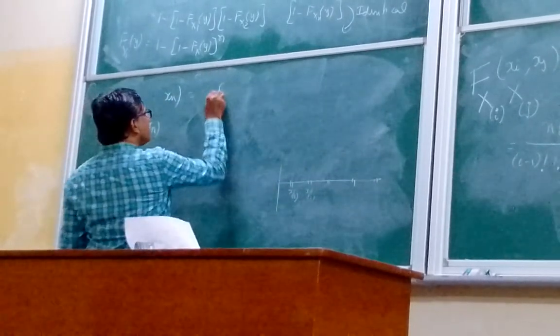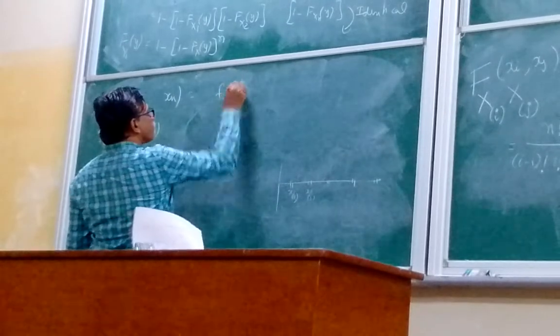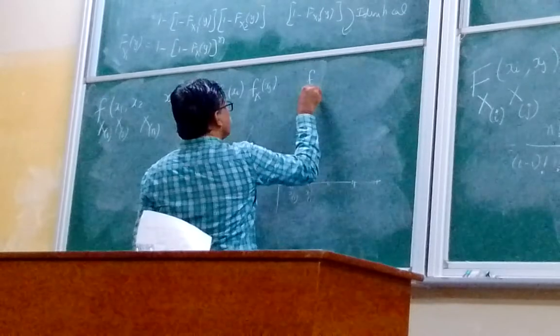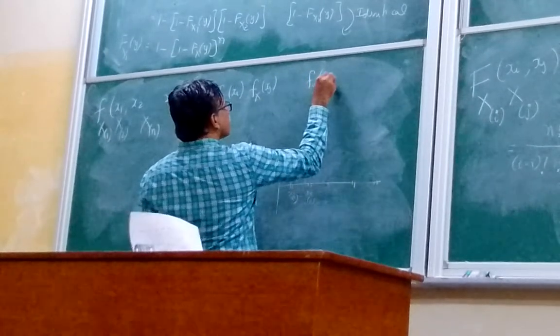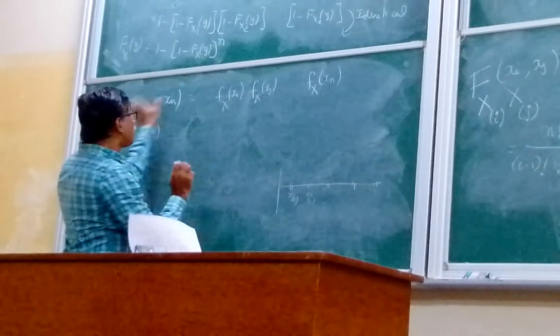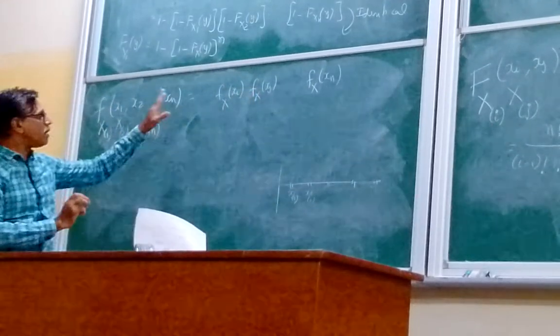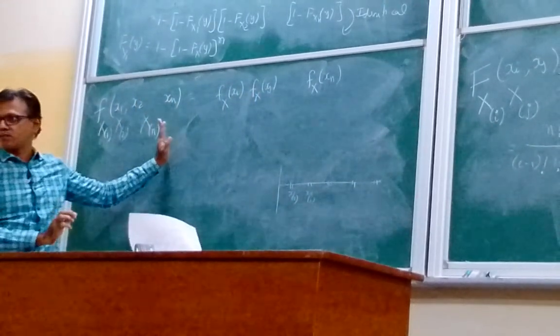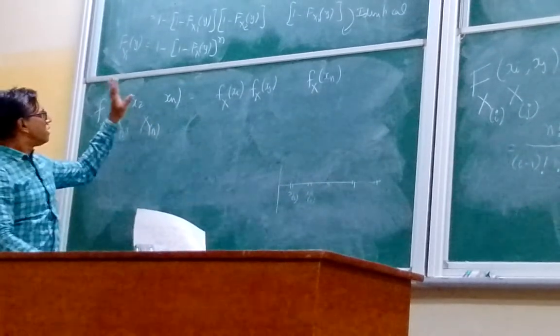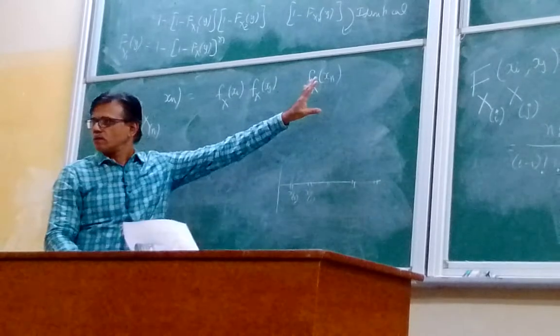So it is just fx of xi, fx of xj and so on. I just have to find this because I am equating densities. That is why I am not putting dx, dx, dx. When probabilities are equated, you have to multiply by dx. This density is this.